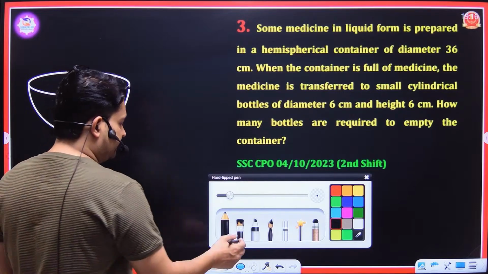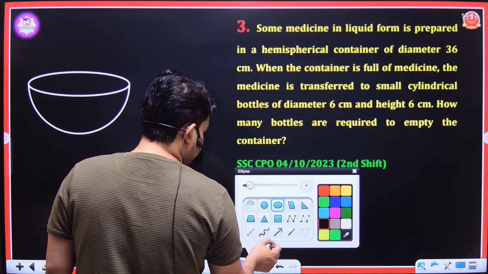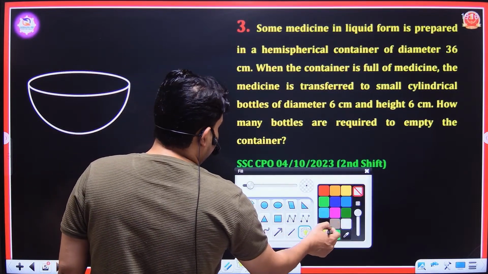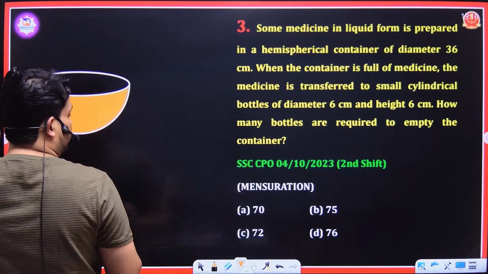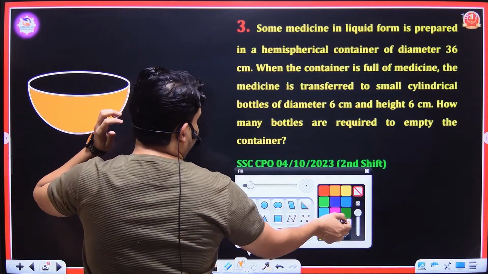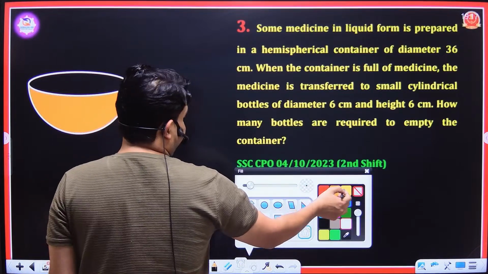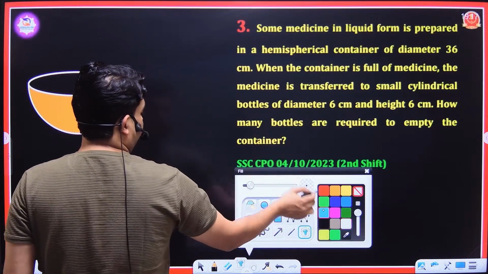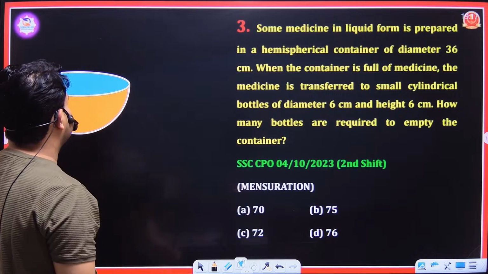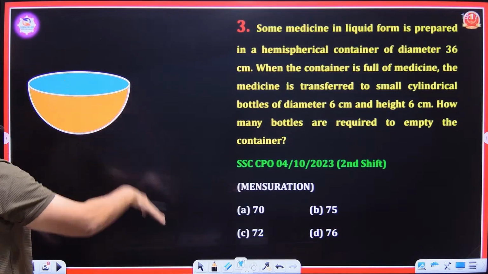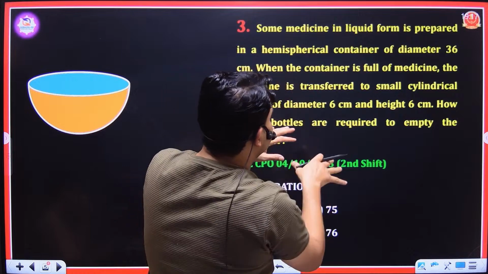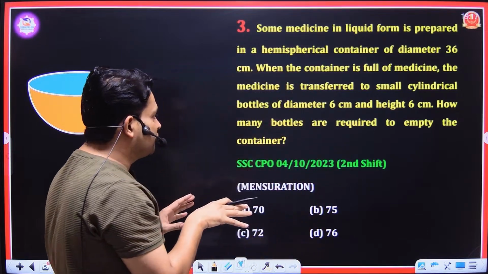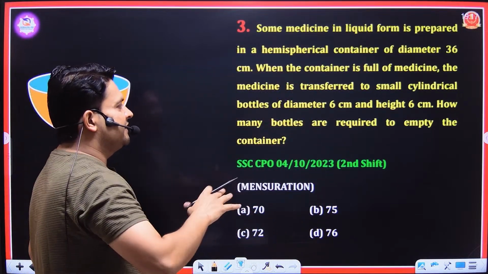Try to answer it. Suppose we have a medicine of this color, and on the top it is open. See, this one is the bowl in which medicine is filled. This one is filled with medicine, and all the medicine is poured into cylindrical bottles of diameter 6 centimeter and height 6 centimeter.